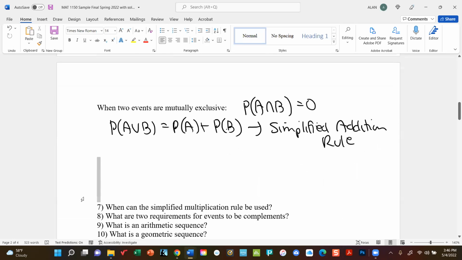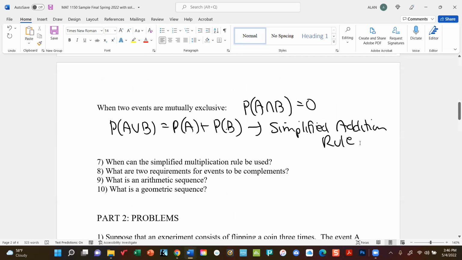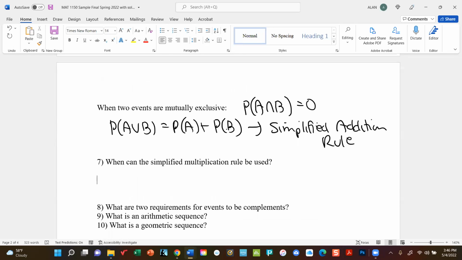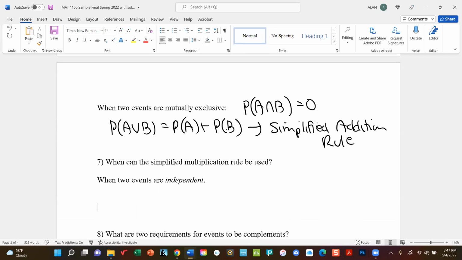Now, how about the multiplication rule? That's different. That only works when two events are independent. Okay, so what does that mean? Let's recall that independence indicates two things are true.